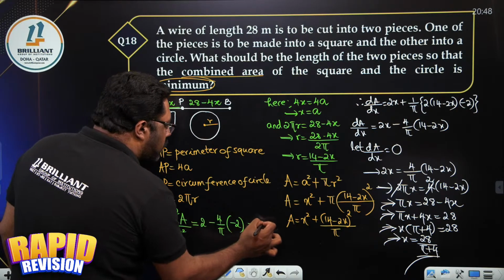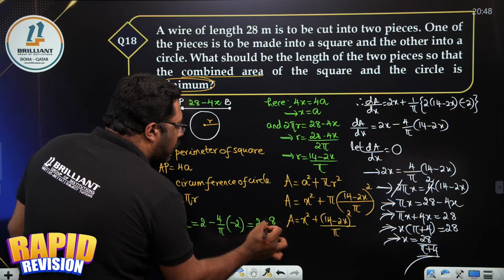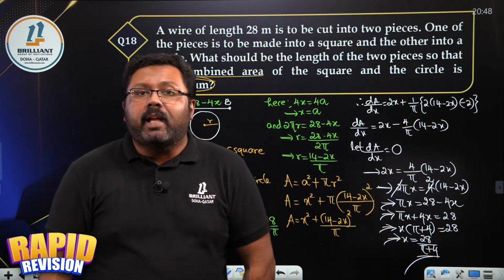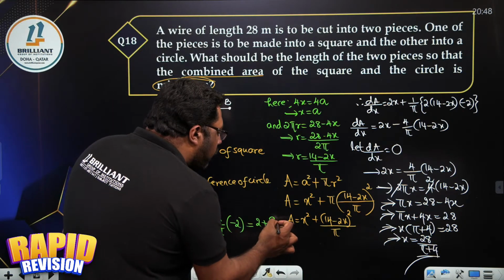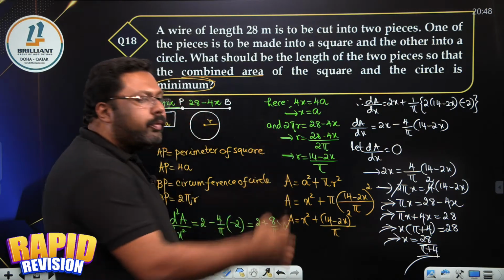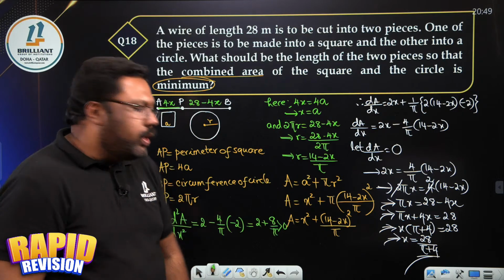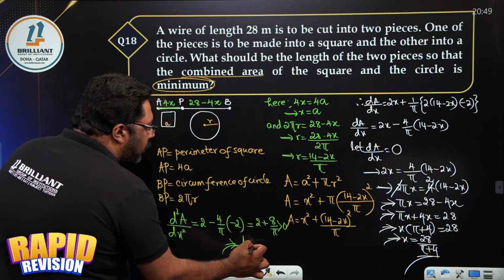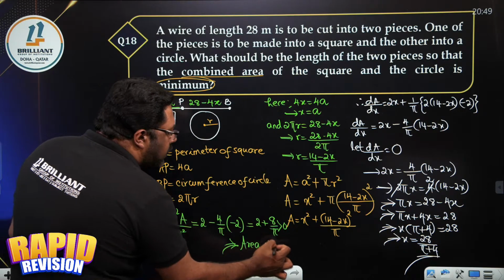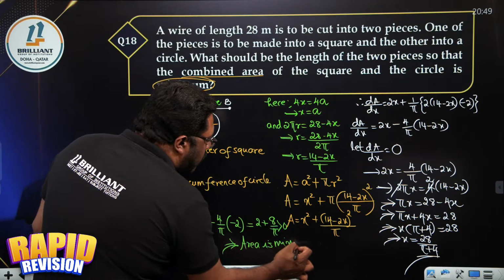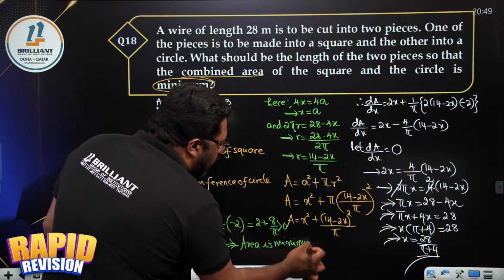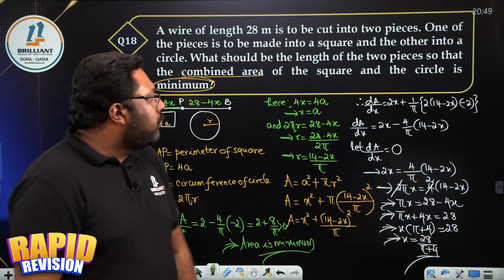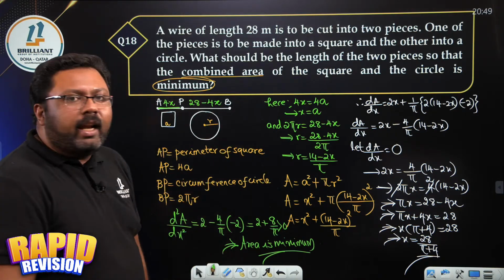And the answer is 2 plus 8 by pi, which is obviously greater than 0. If it's greater than 0, I can conclude that area is minimum. Now, one more thing left to find.